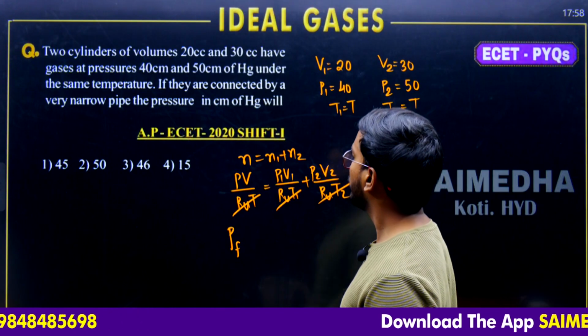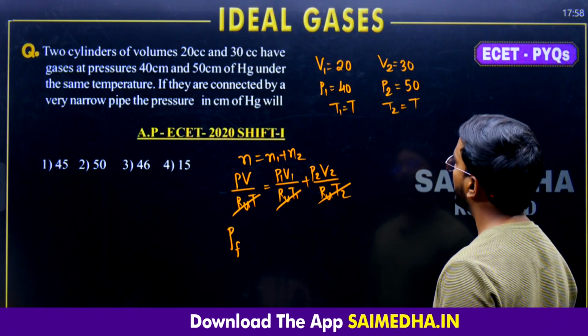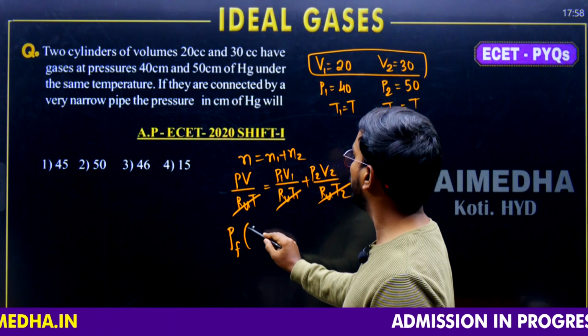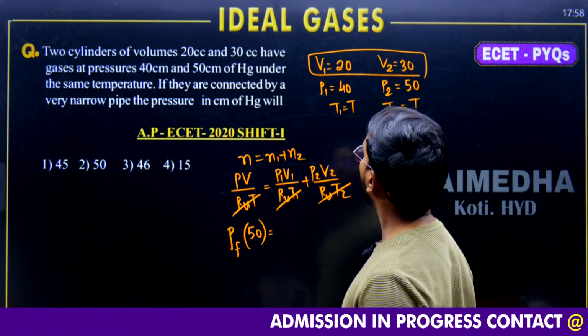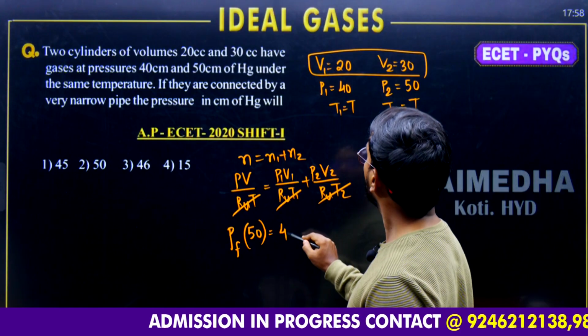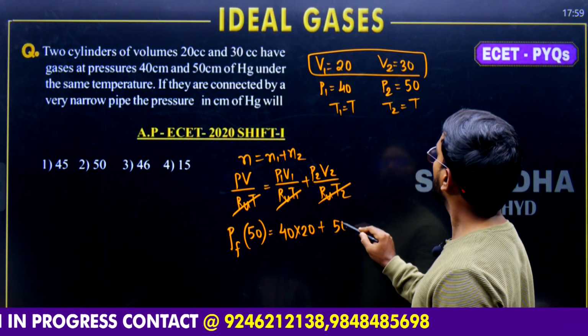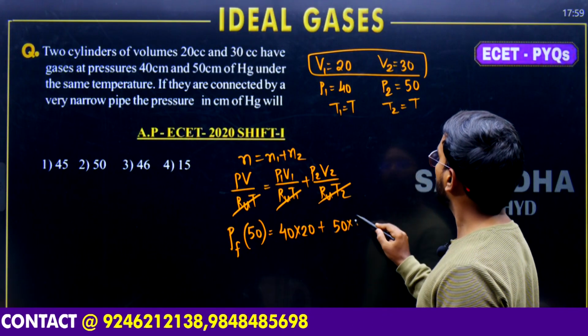The final volume when both are connected to each other is 30 plus 20, that is 50. Initial pressure is 40, initial volume is 20. Initial pressure 50, volume 30.